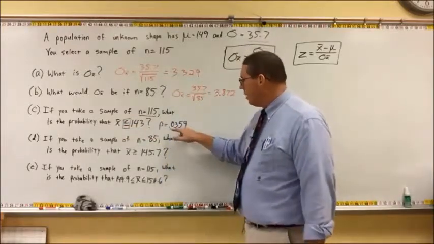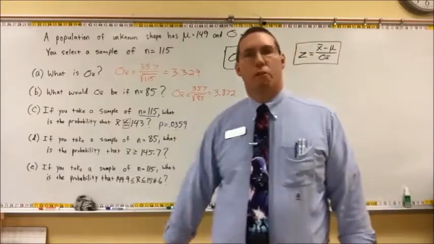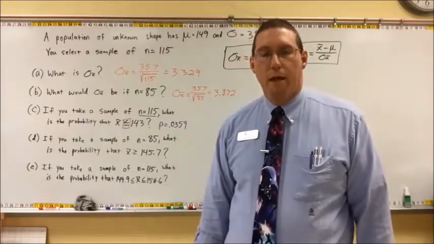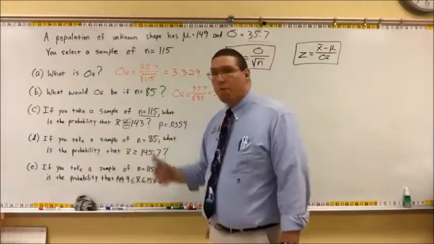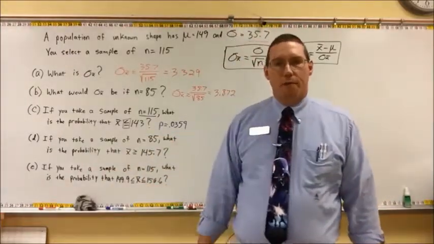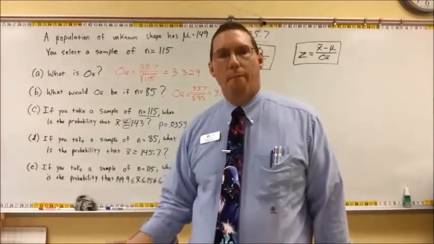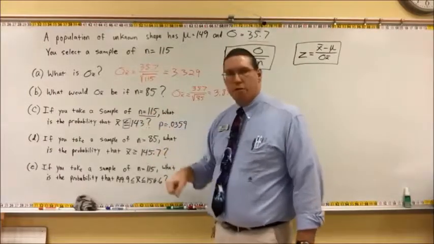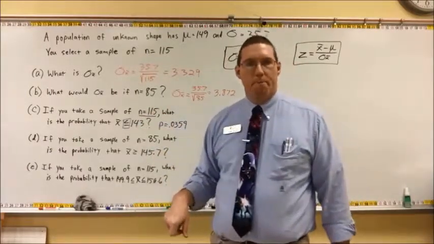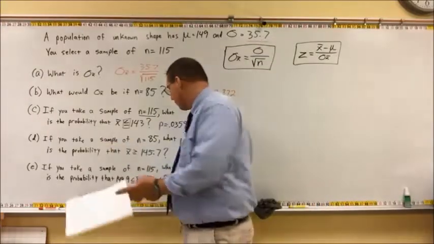The probability is 0.0359, which means there's about a 3.6% chance that the mean is going to be less than 143. That's not a very good chance, right? So there's a low probability that you're going to get a mean from this sample that's smaller than 143.